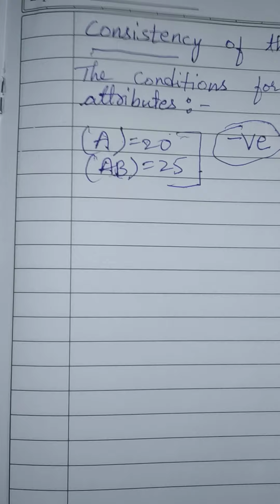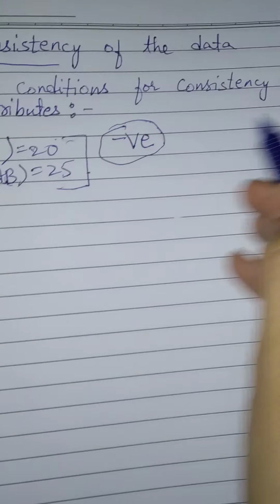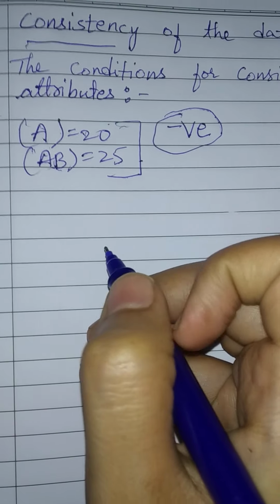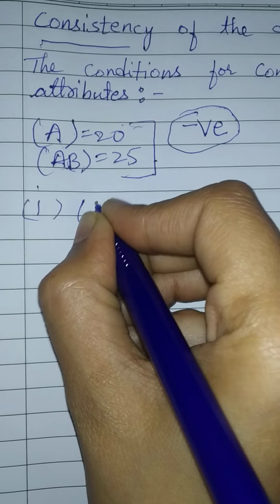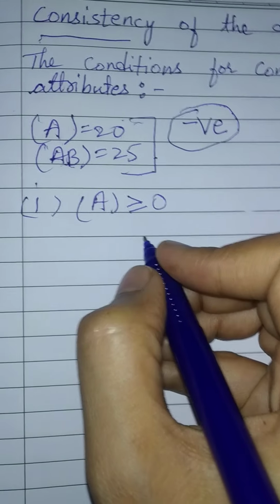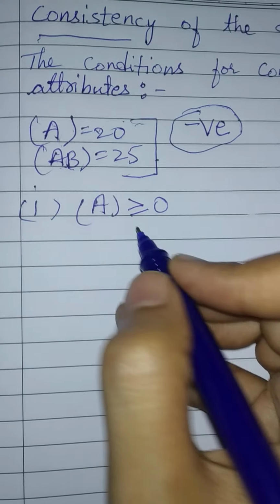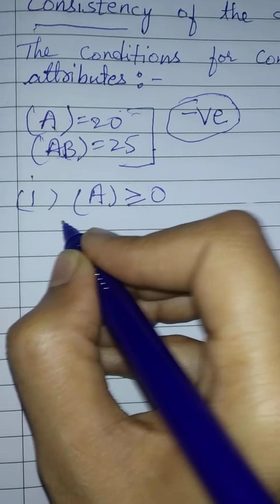So here students, now I am discussing conditions for consistency of attributes. The first condition is class of A greater than or equal to 0. As I told you, it should be positive. 0 is a positive integer, no? So it should be either equal to or greater than 0.